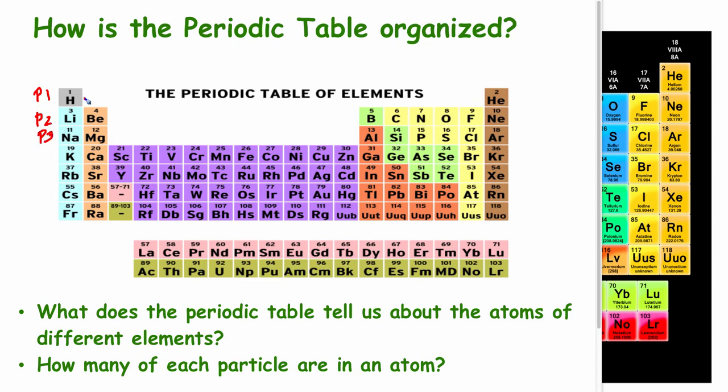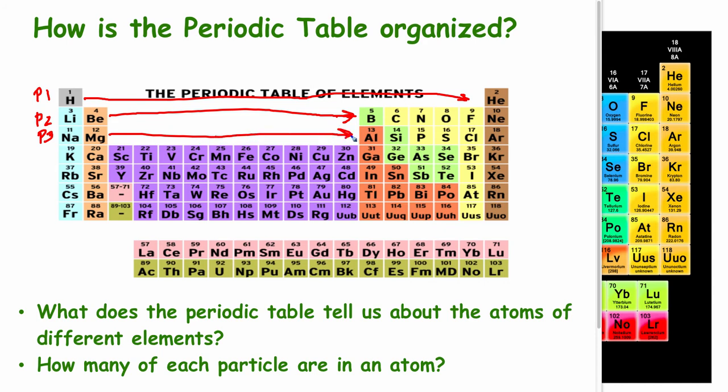And that simply means that this row across here is period 1. This row, including these elements, would be period 2. And this row of elements in the periodic table would be period 3.